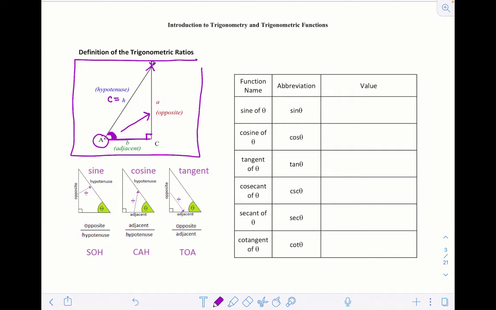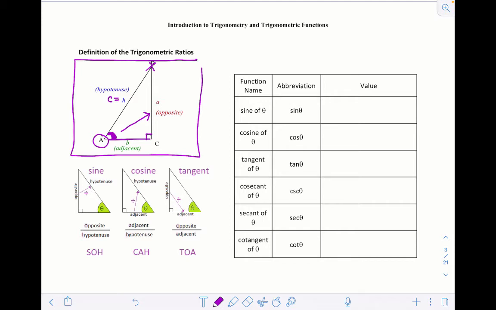The hypotenuse is always opposite or across from the 90-degree angle. So that does not change even if we look at this angle from the perspective of B. I'm not going to draw it on here, but we could look at this triangle from the perspective of B, and if we did that, then the opposite would become that side B, and the adjacent would become the side A.